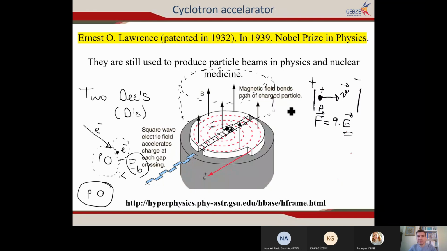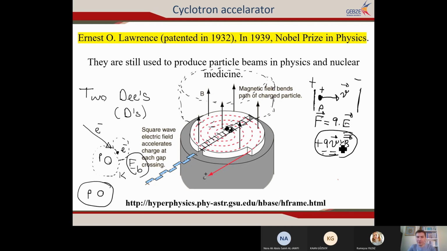But I have here a magnetic field. So I know of another term in the Lorentz force, which is given by Q times V cross B. If the velocity of the charged particle is different from zero, there will be another force acting on the proton, right?